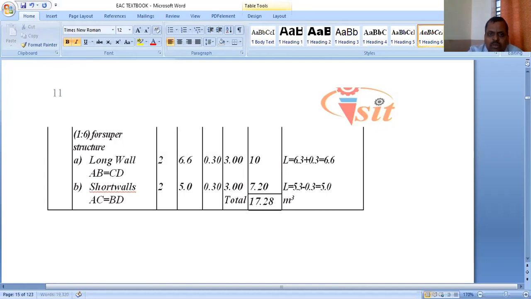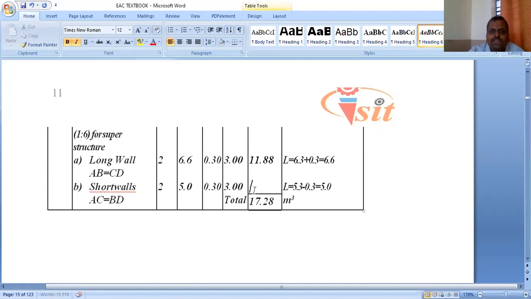So we'll find out the quantity of the long wall as well as the quantity of the short wall. How much will it be? 2 into 6.6 into 0.3 into 3. It will be 11.88 cubic meter.